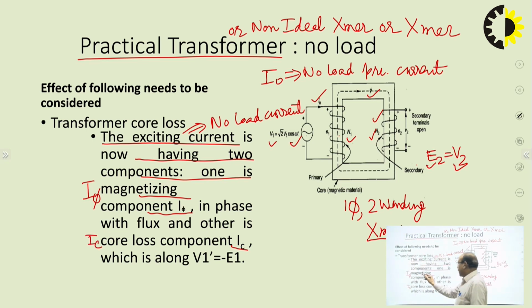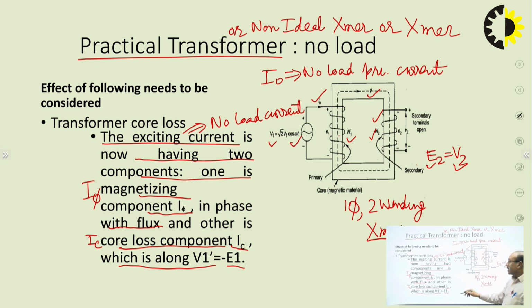Now this magnetizing component I phi is in phase with flux, while the core loss component IC is along V1 dash, which is minus E1. V1 dash is the voltage drop in primary winding, which is equal to E1, induced EMF in primary, in magnitude, but opposite to E1 as per Lenz's law.